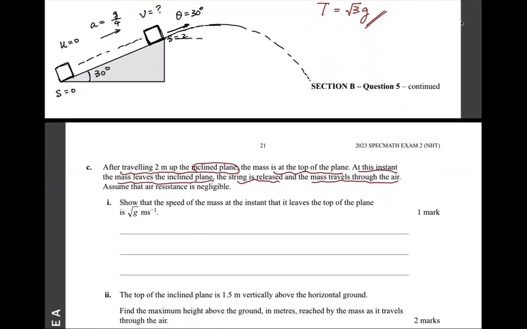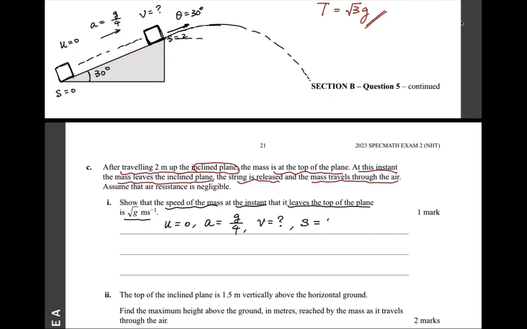So first part, you want to show that the speed of the mass at the instant that it leaves the top of the plane is root g. So it's actually talking about the acceleration stage along the smooth inclined plane, okay? So I'm just dropping down u equals 0, a equals g over 4, v is unknown, a question mark.